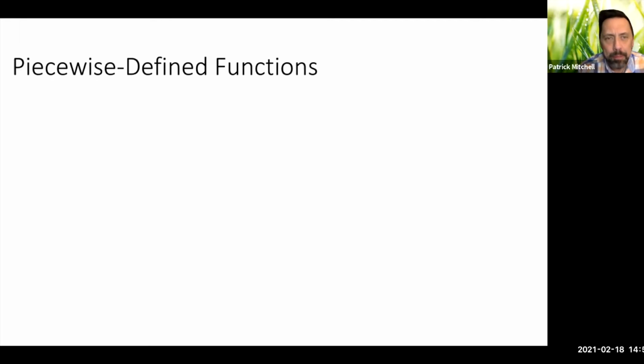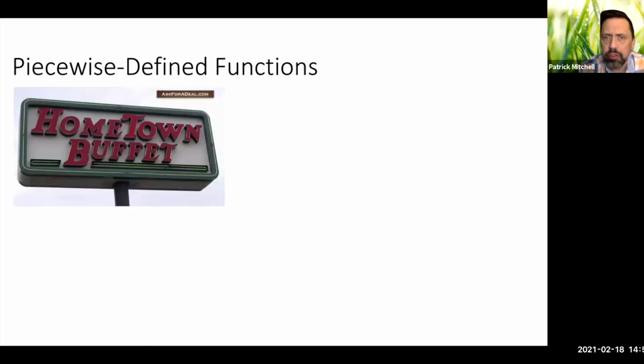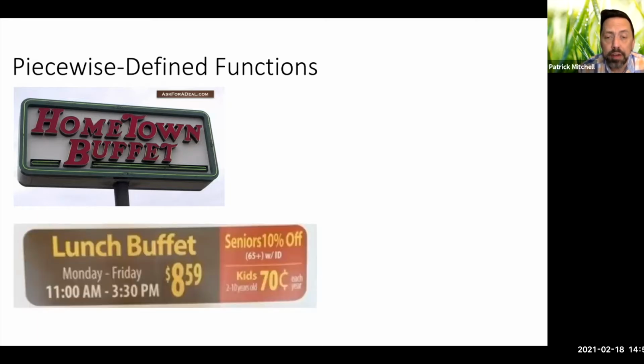My favorite example of a piecewise defined function: I used to enjoy eating at Hometown Buffet, not so much lately. And they had a really interesting system at one time for determining the price for your lunch. If you are an adult, and of course by adult they mean 11 or older, sort of like the movies, lunch is $8.59, all you can eat, right?